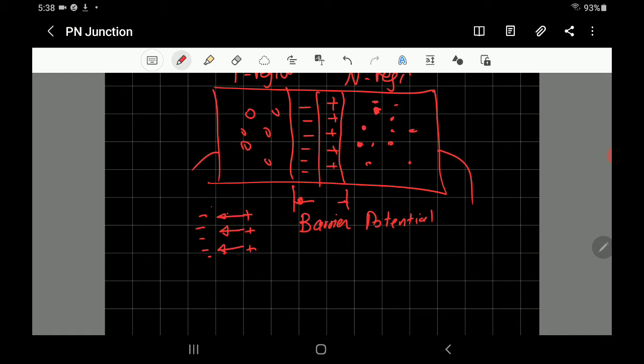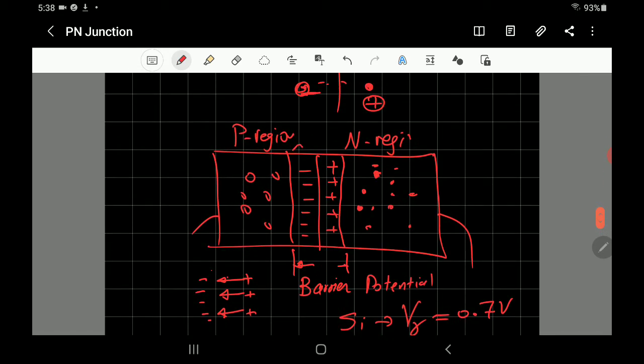Maybe somebody asks, what is the value of the barrier voltage or barrier potential? It's a very small region, and in silicon this barrier voltage, which we call V gamma, is equal to 0.7 volt. So you need to put 0.7 volt across the semiconductor to make the electrons overcome this barrier and cross this region. For germanium, the barrier voltage is equal to 0.3 volt.